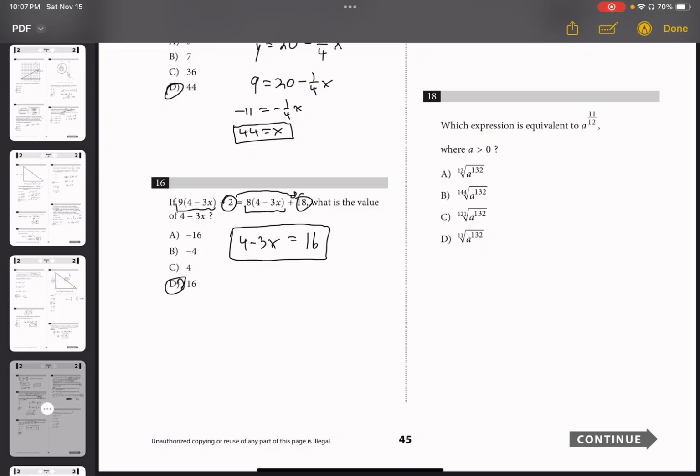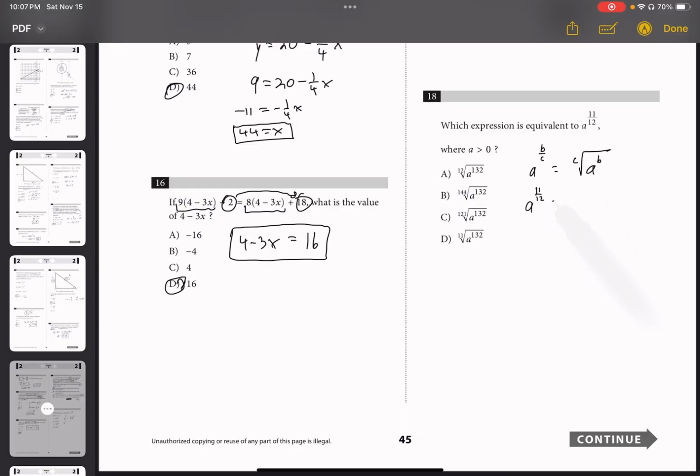Okay, question 18, last question for the day. Which expression is equivalent to a to the 11 over 12, where a is greater than 0? So we know a little background rule: a to the b over c is always going to be equal to the c-th root of a to the b.